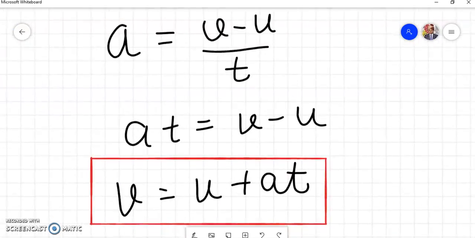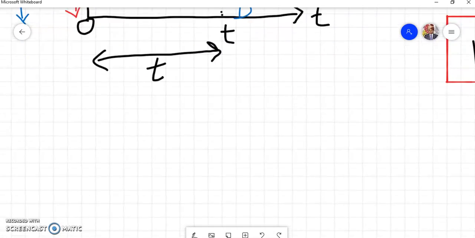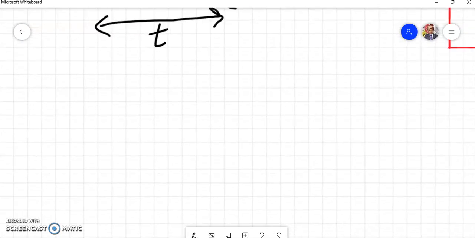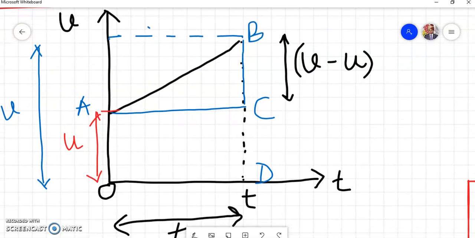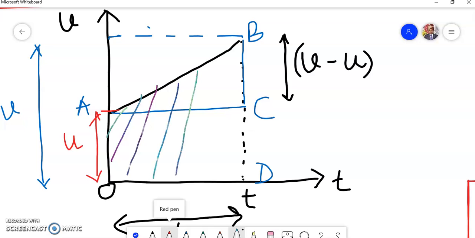Now we will move forward to find the next equation, and that can be found by simply seeing, as I have told you earlier also, the area of this curve, the whole curve. Since the graph is symmetric, you all know that the area of this curve will give you the total displacement.